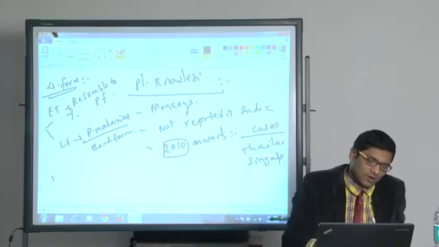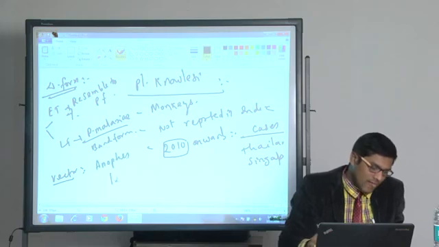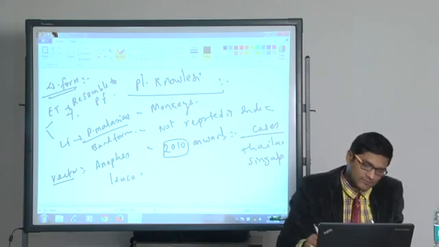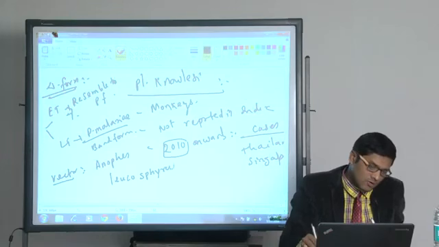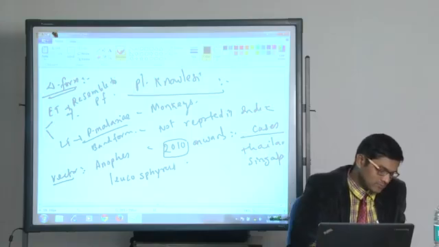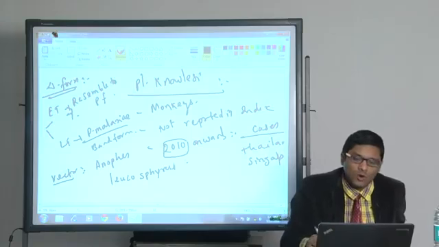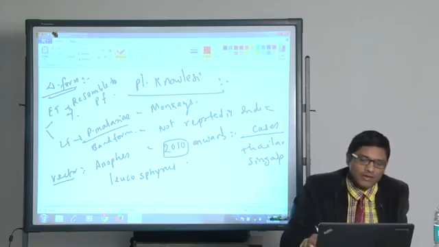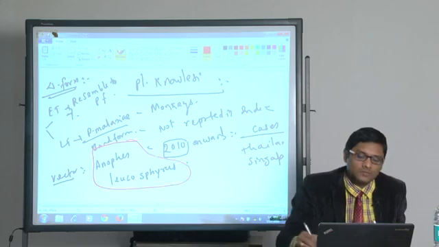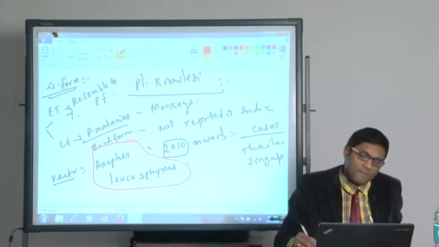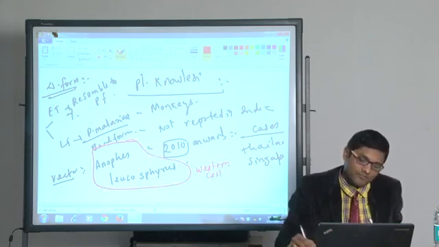Okay, and as I told you, here the vector is a particular species of Anopheles called Anopheles leucosphyrus. And they say that though Plasmodium knowlesi is not found in India, Anopheles leucosphyrus is found in the western coastal belt of India.